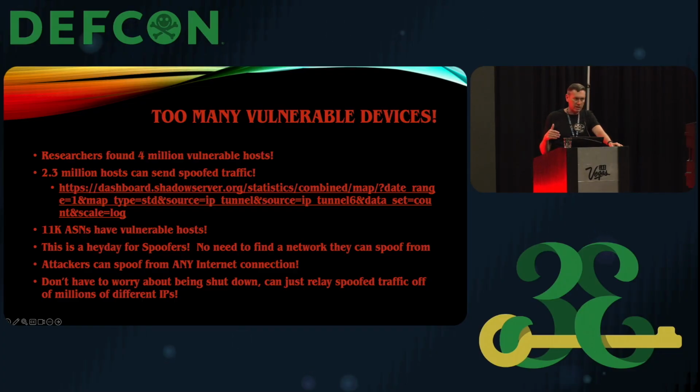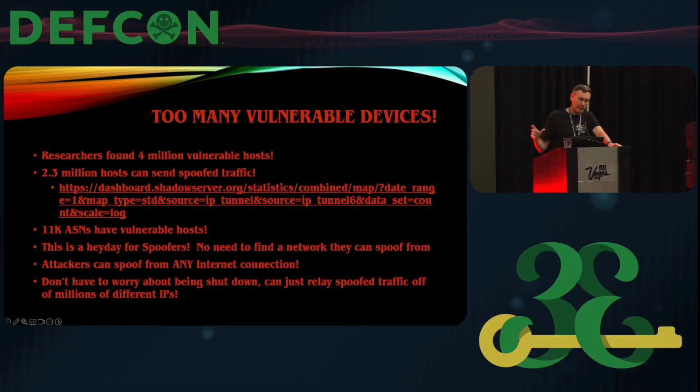Shadow Server is a nonprofit organization that scans the internet looking for hosts vulnerable to things like this tunnel vulnerability and a lot of other issues, and they provide that information for free to organizations. So if you are operating a network and you want free information about vulnerable devices on your network, contact Shadow Server.